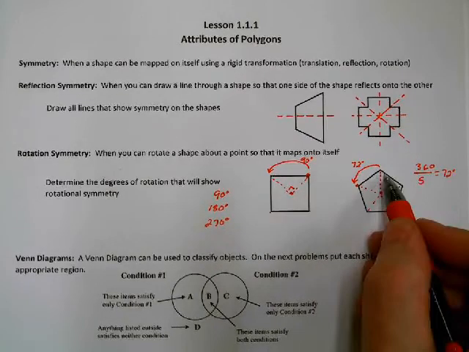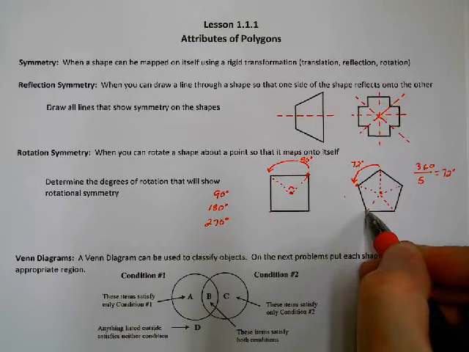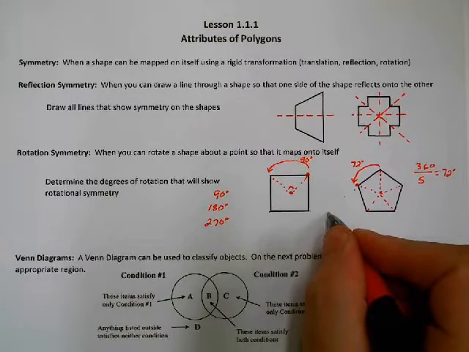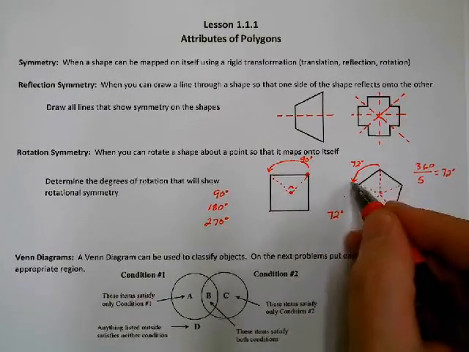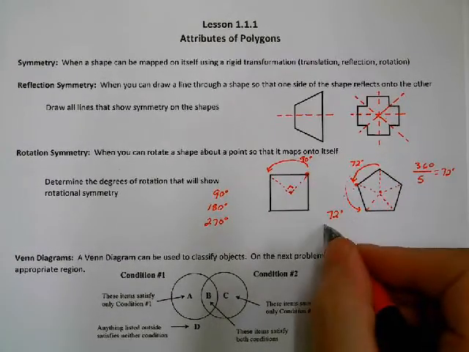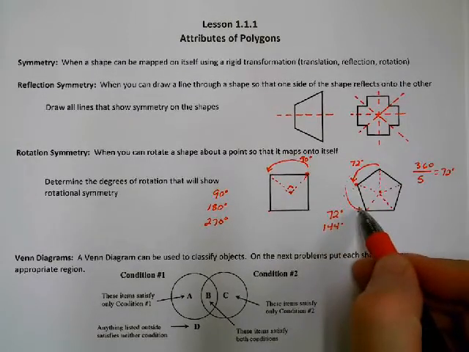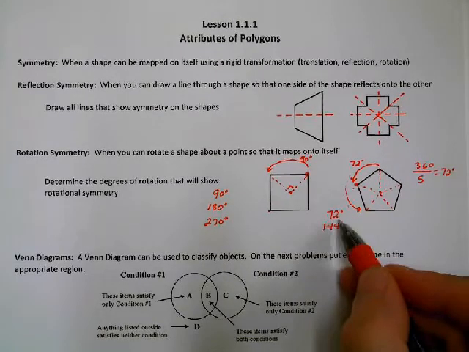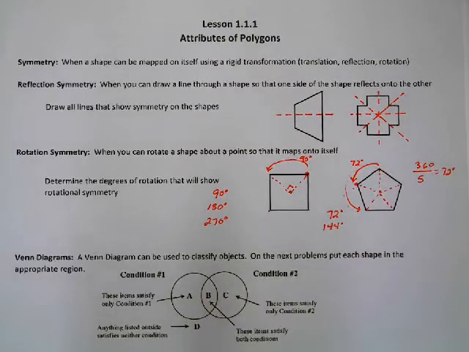If I go from this point all the way and rotate it to this point here, that's 72 plus another 72, that's 144 degrees. So our first rotation would be 72 degrees. And then to get from here all the way over to here, that's another 72 degrees, it's 144 degrees. If I added another 72 degrees to get this point all the way over to here, 144 plus 72 comes out to 216.